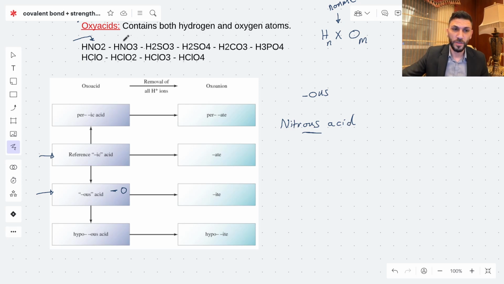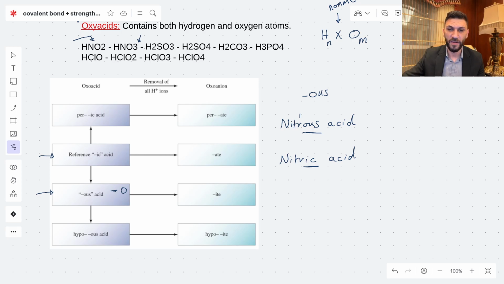Now here, for the HNO3, we have more oxygens than HNO2. We have one more oxygen. That means the oxidation number, which you will study later, for the nitrogen here is higher than the oxidation number of nitrogen in this compound. So for the HNO3, it's going to be nitric acid, IC, when it has higher oxygen.